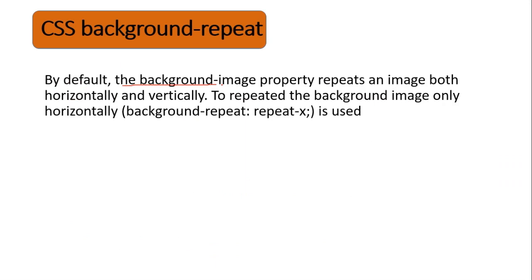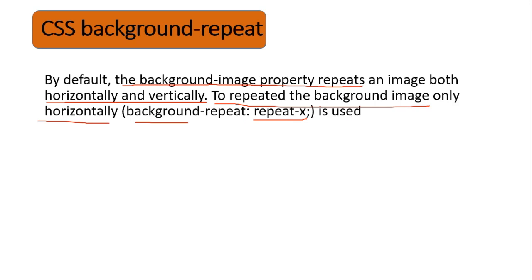Like I said, by default the image keeps repeating on both the y-axis and x-axis to cover your entire web page or browser. To repeat the background image only horizontally, background repeat x is used. So if you want to repeat your background image only horizontally, we give the value repeat x, or if you want to repeat it only vertically, we write repeat y.